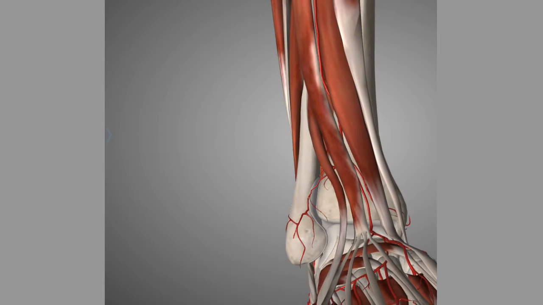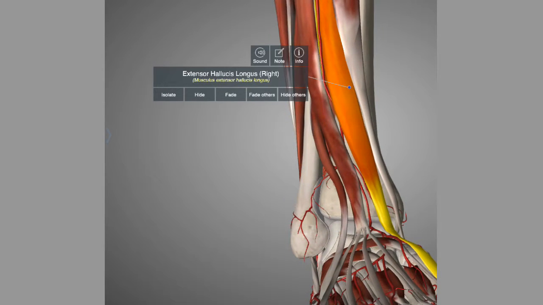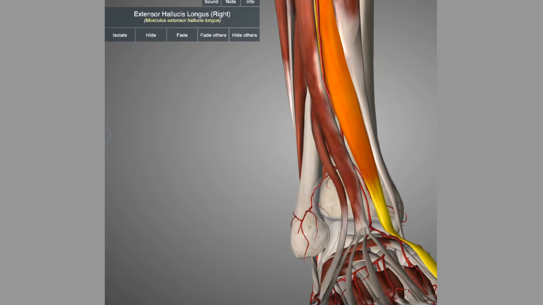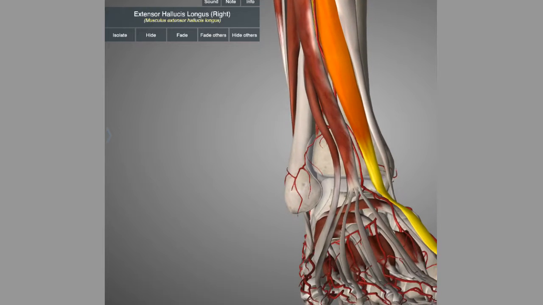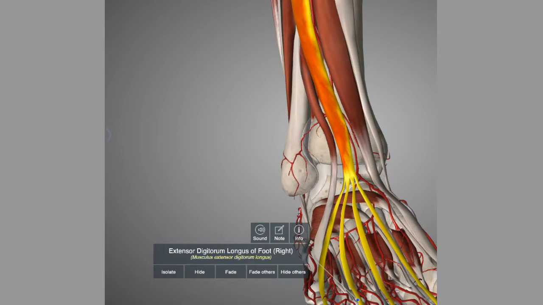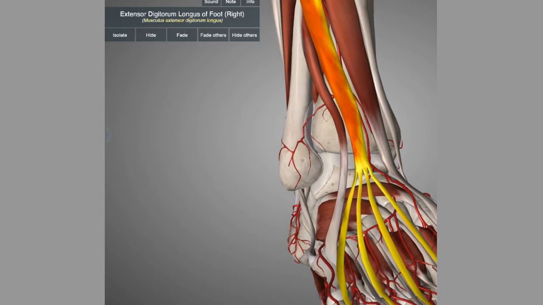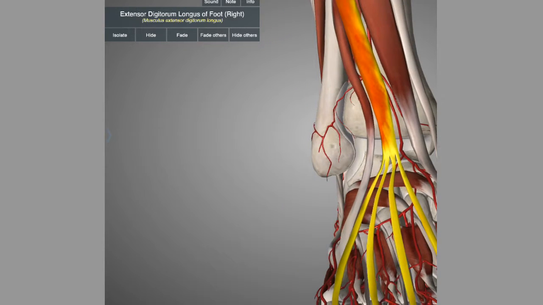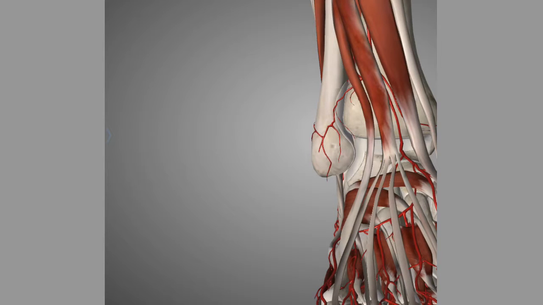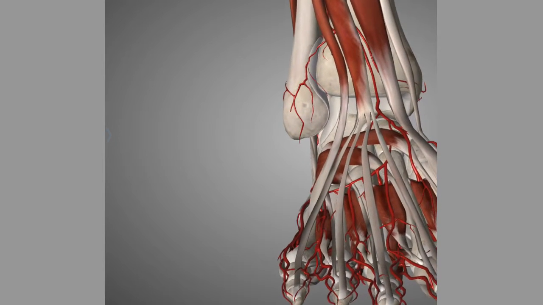Having passed behind the superior extensor retinaculum, it has the tendon of extensor hallucis longus on its medial side, and the deep peroneal nerve and the tendon of extensor digitorum longus on its lateral side. Here, its pulsation can be easily felt in the living subject.